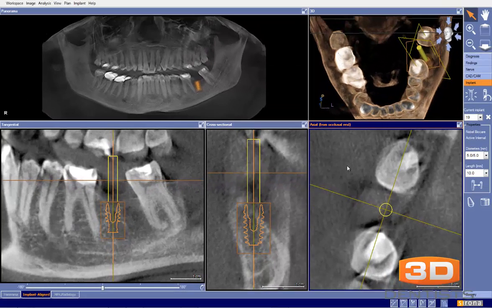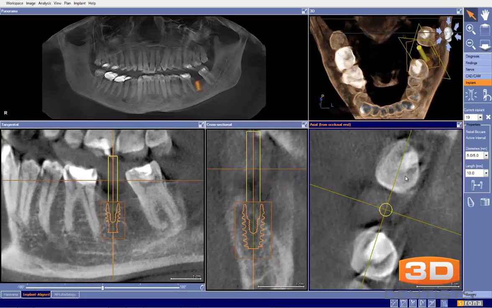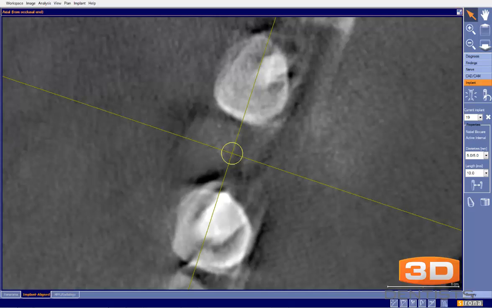And then we can see on our occlusal table we're pretty well centered here between the ridge. So there's our lingual, there's our buccal, our distal, and our mesial, and here we are basically right in the middle. So that looks pretty good there.